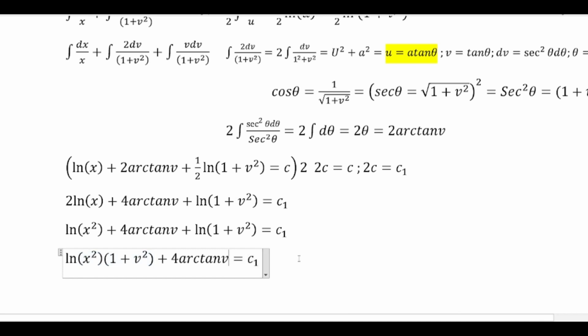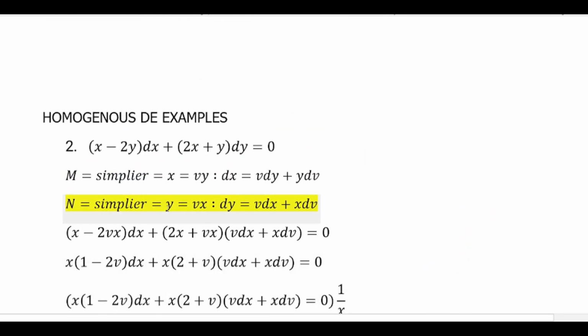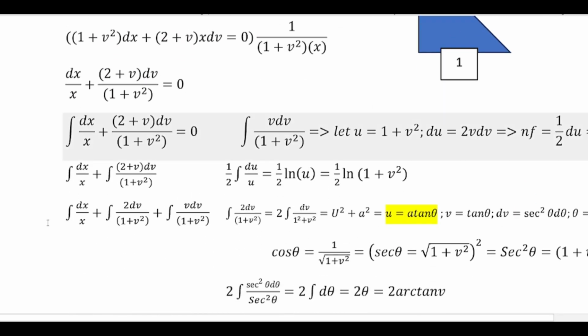Now is this done? Not yet, of course, since we still have the value of v, not in terms of y and x. So all we need to do is go back to this formula again and find the value of v. So what's the value of v? It equals simply y over x. Very good.